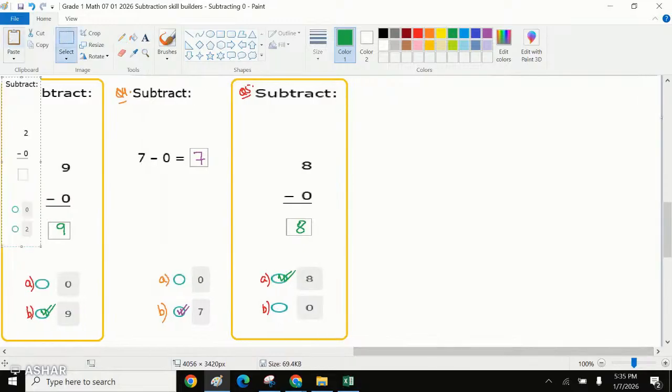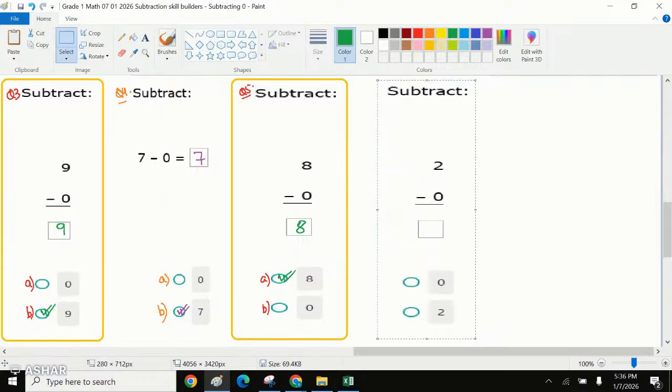Question number 6 says subtract 2 minus 0. This is option number A. This is option number B. Yes, thank you. Option A was correct for question number 5.